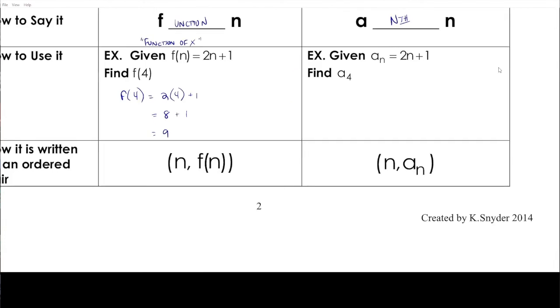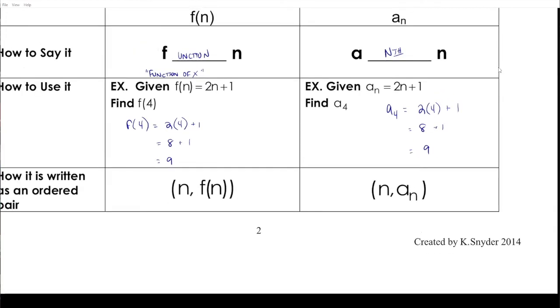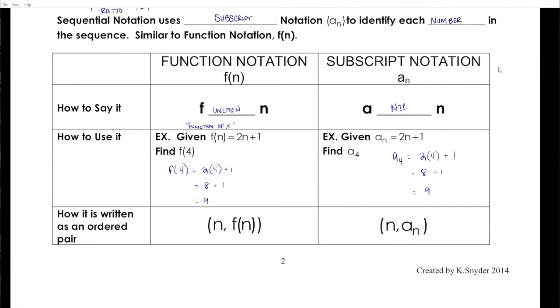They want us to find the 4th number in our sequence. So a sub 4 is 2 times 4 plus 1. 8 plus 1, 9. So when we're finding the function, that's actually our y value. And then when we're finding our nth term, it's kind of our x value.